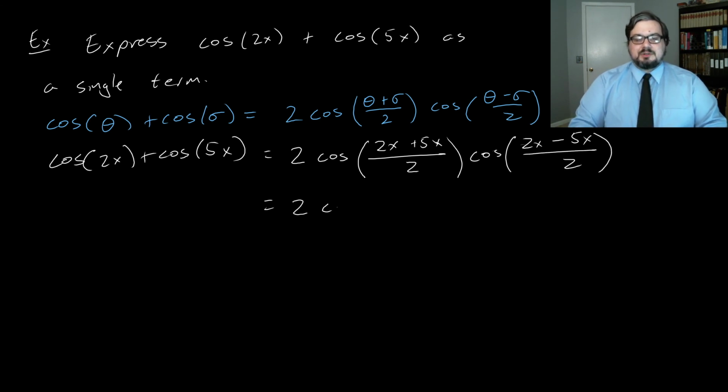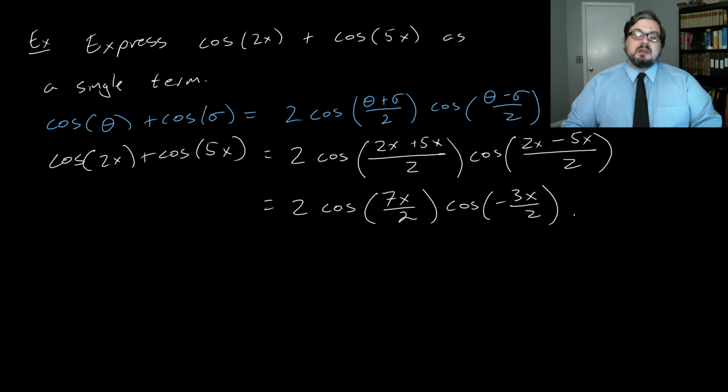From here we get 2 times cosine of 7x over 2 times cosine of negative 3x over 2. And so that's how we can express a sum of cosines using different angles as a single term involving a product of trigonometric functions, a product of cosines.